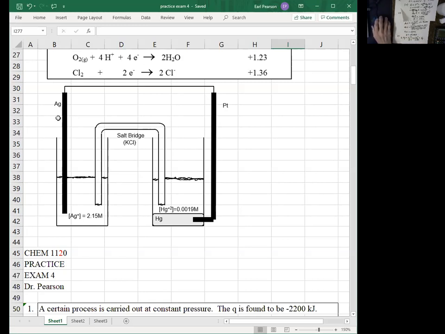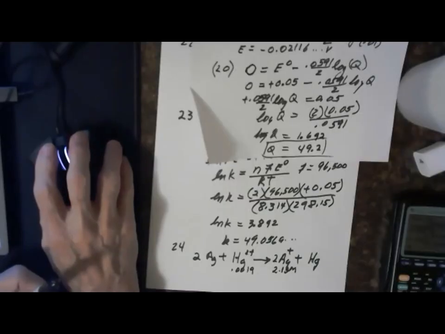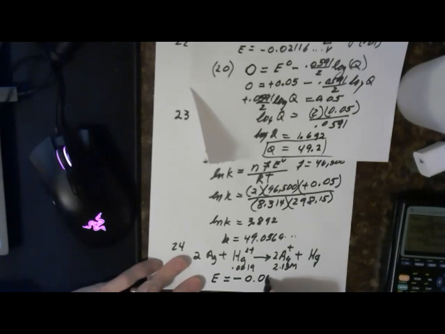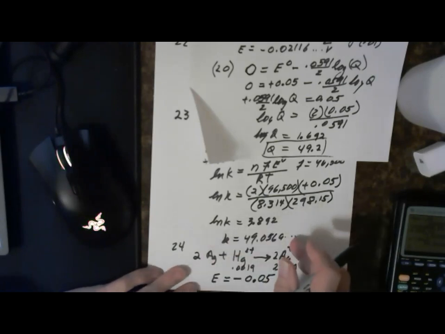Okay, so let's go back and share, because I'll come back to this screen, but I want you to see the pad again. So at this set of concentrations, the E for this cell was minus 0.05. So that's going to tell me that the reaction is actually going in the other direction.